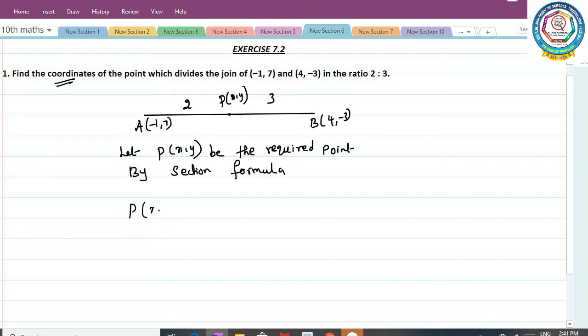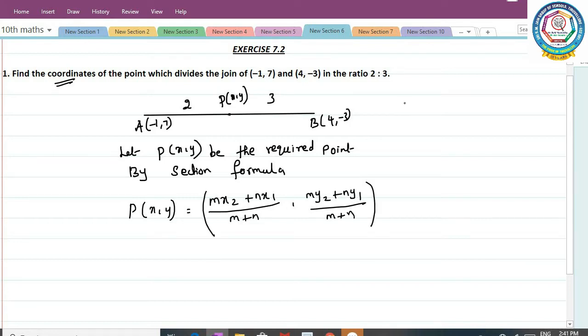P of (x, y) equals (m x2 plus n x1) by (m plus n), comma (m y2 plus n y1) by (m plus n). This is the section formula.